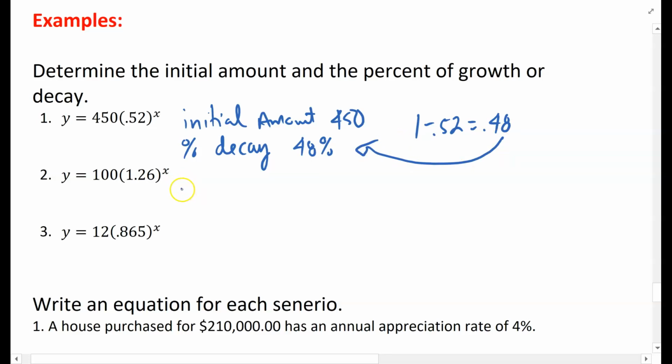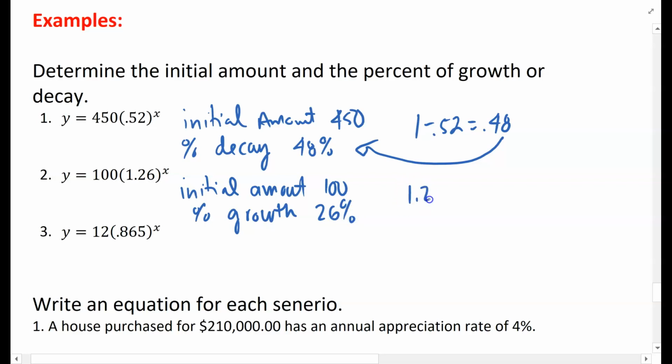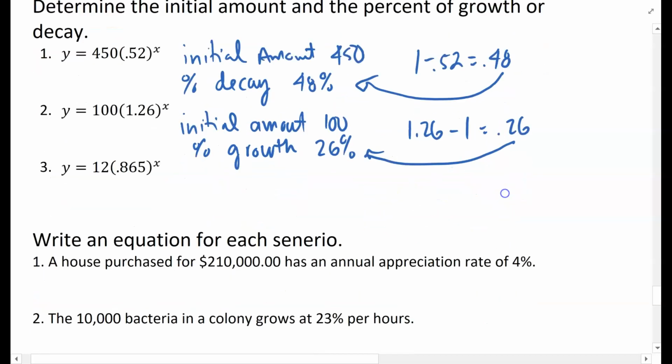In our next example, the initial amount is 100. In this case, we're going to have a percent growth of 26%. I know that because 1.26 minus 1 is 0.26, which would then convert to 26%.